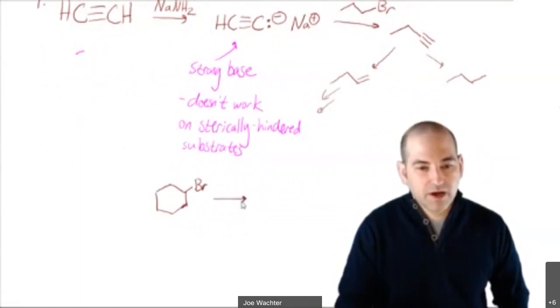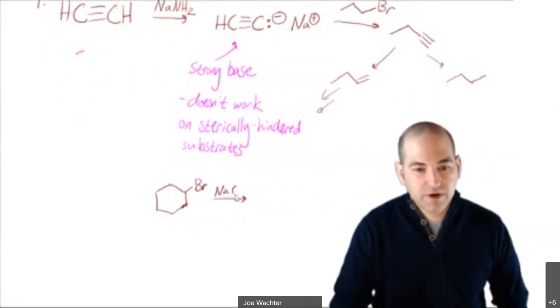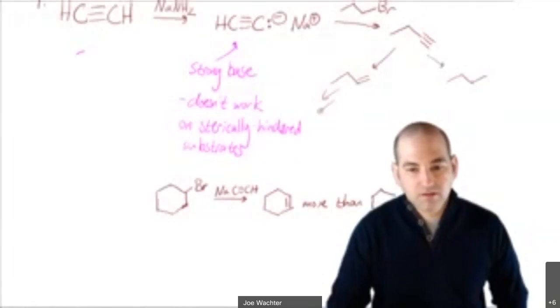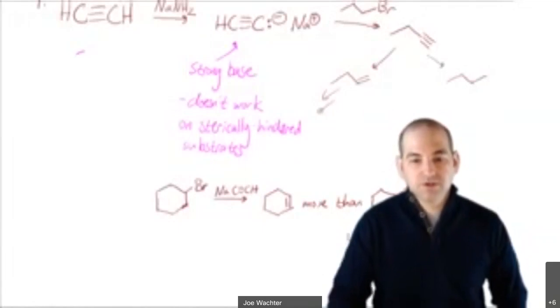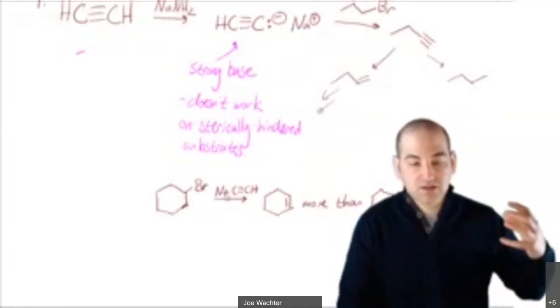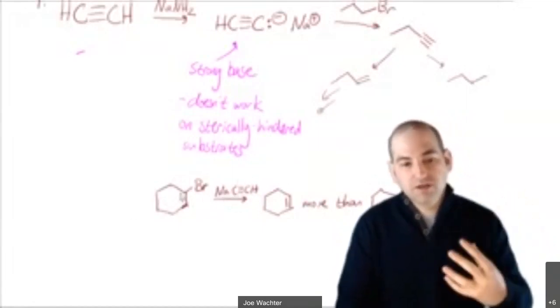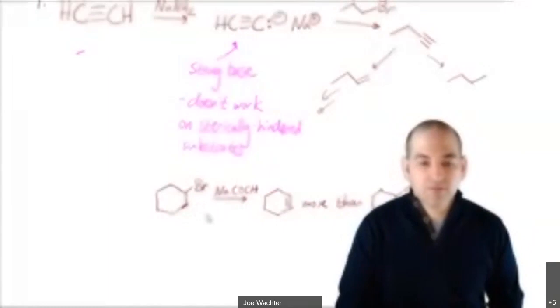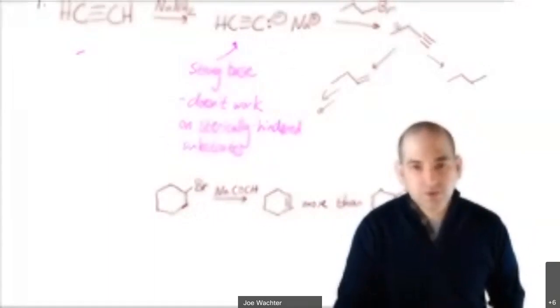I'd have to look it up, but my guess is that something like in a ring, if you try to treat that with acetylide ion, then you're going to get this more than what you want, more than the substitution, just because that's a fairly sterically hindered substrate. So if you imagine this strong base, big carbon thing coming in and trying to displace that bromine, chances are it's just going to pull off one of these hydrogens instead. But I would have to look that up to be sure. So generally, this works better with primary substrates.